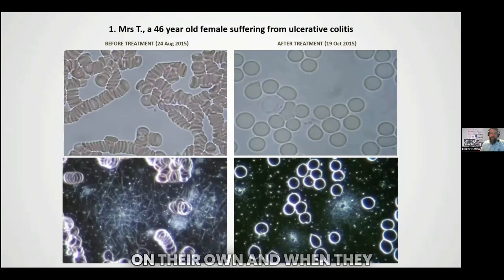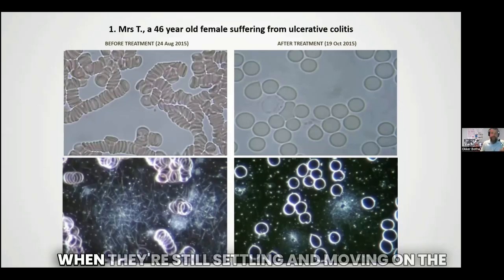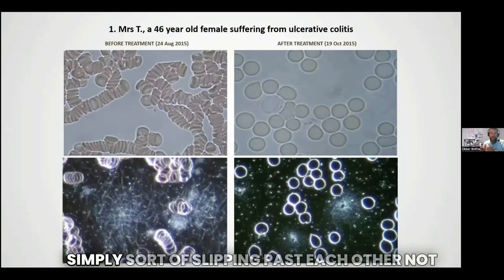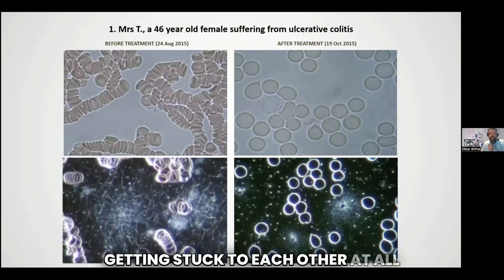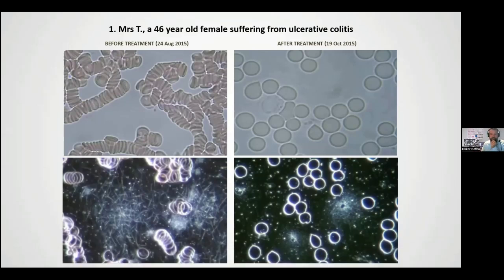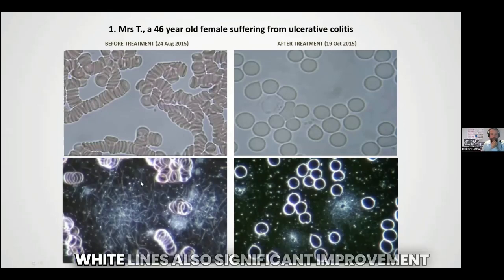They are lying on their own, and when they're still settling and moving on the slide, we see the red cells simply slipping past each other, not getting stuck to each other at all. Dark field images at the bottom show the fibrin, those white lines, also a significant improvement.